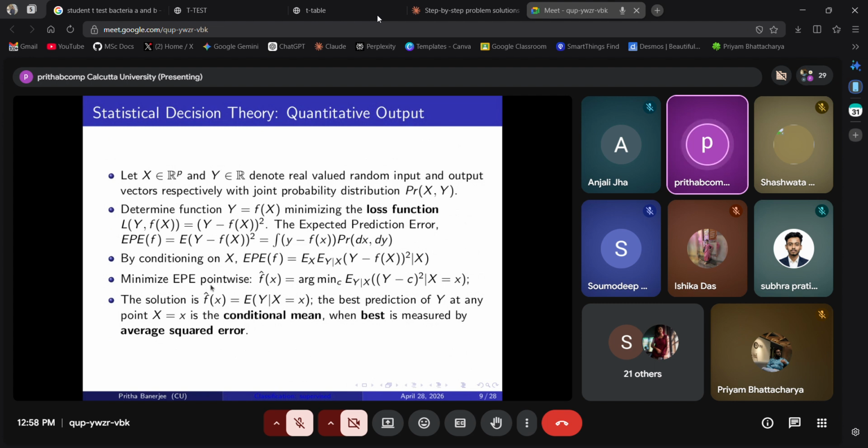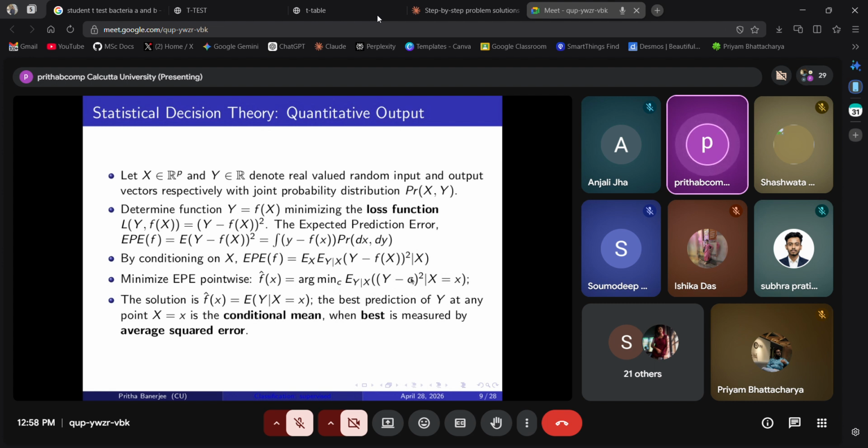This is written in a complex fashion, meaning we find for which values of c we get the minimum expectation.